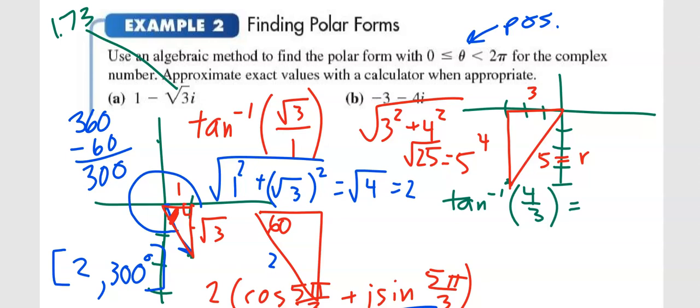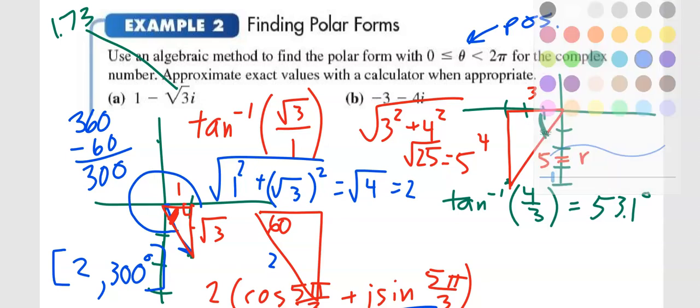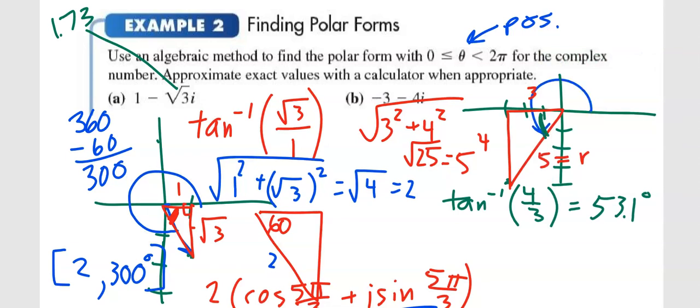Okay, inverse tangent of 4 divided by 3, and I get 53.1 degrees. So if that's 53.1 degrees, then what is the rotation that goes from here all the way to there? Wouldn't it be 180 plus 53.1 degrees?